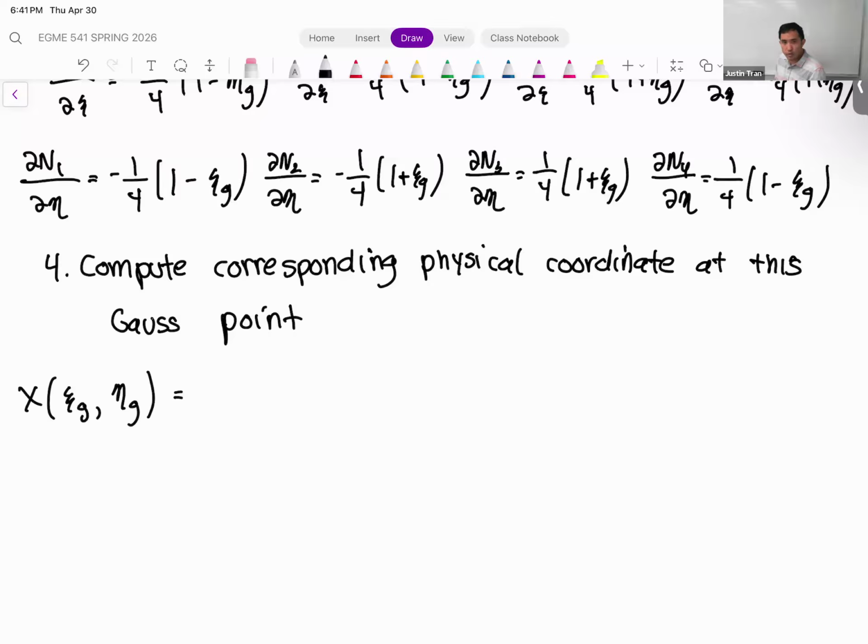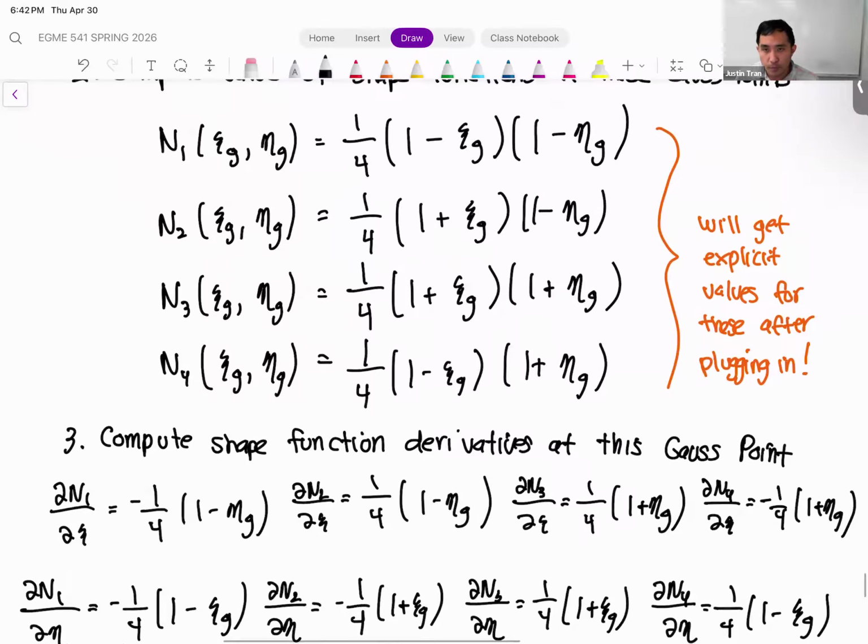Remember we wrote this expression back when we were talking about part 2 earlier. So x of epsilon g, eta g is just going to be our 4 nodal coordinates, x1, x2, x3, x4, multiplied by the corresponding shape functions, but the shape functions we're evaluating at the Gauss point, which we already computed in part 2 up here.